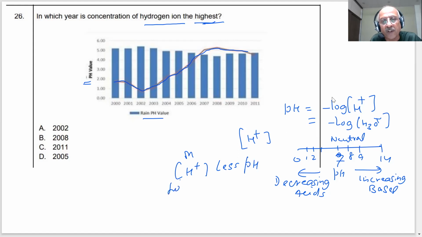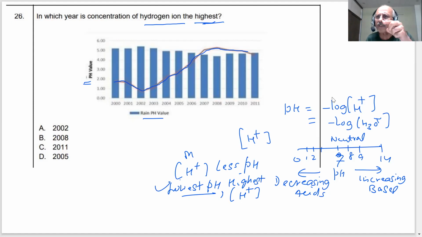The lower the pH, the higher will be the H+ concentration, the hydrogen ion concentration. So which is the lowest pH? The lower the pH, the higher is the hydrogen ion concentration. Here you see the pH is lowest. You can see this pH in 2020.